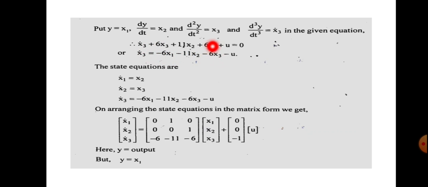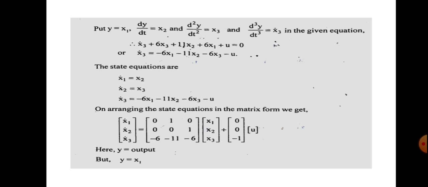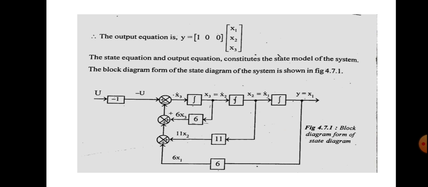So you can show x3 in the feedback path, which is given to a summer, and that will be given to this x3 dot. Here you have to note one thing: x3 dot is obtained by summing all these terms, but its sign is minus, so you have to add it at the negative terminal of the summer.